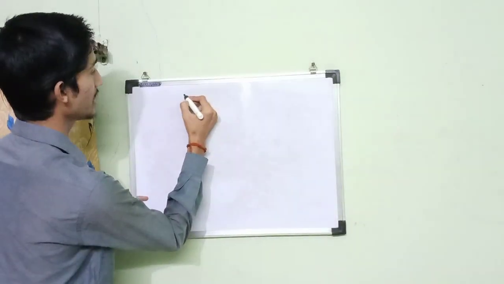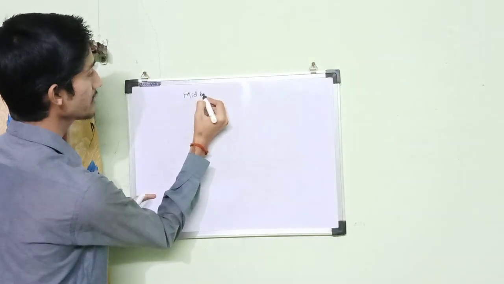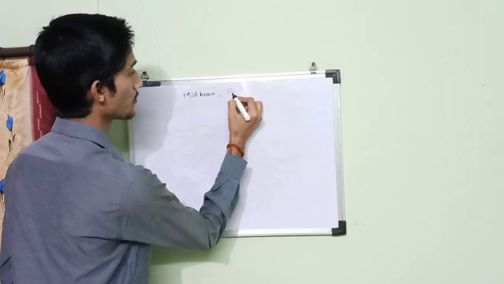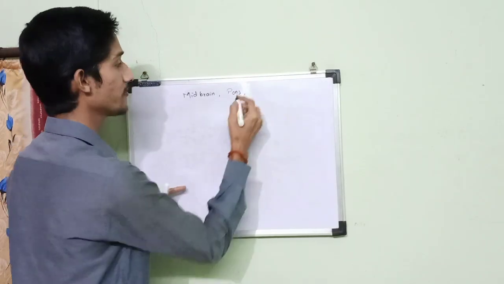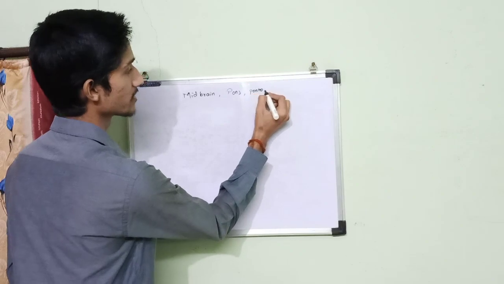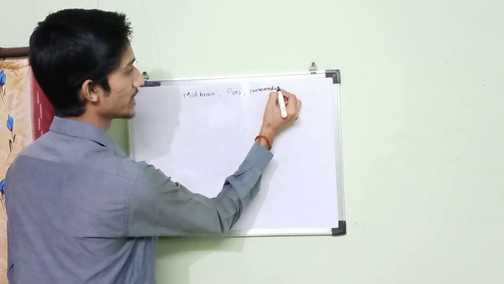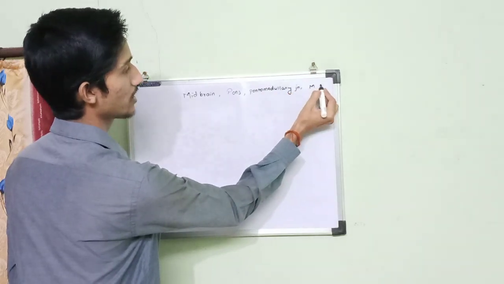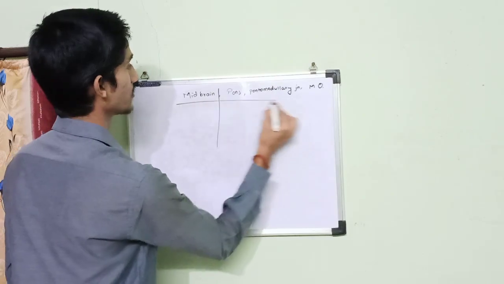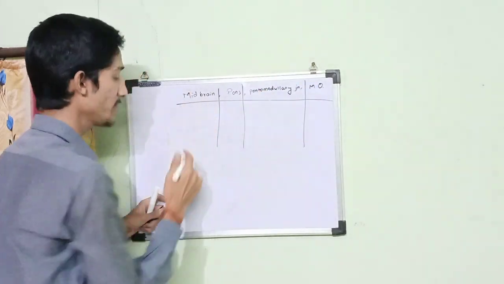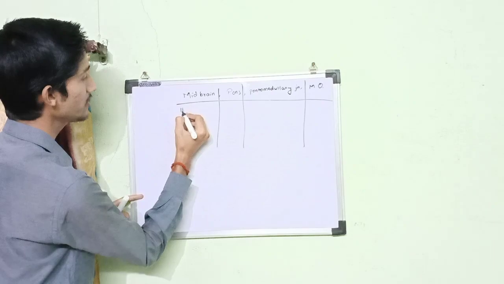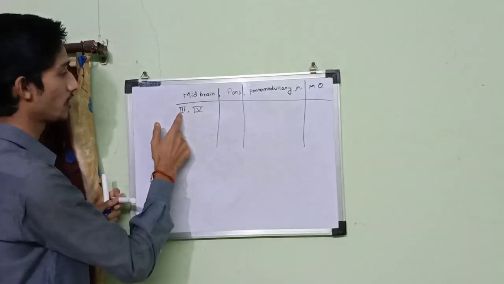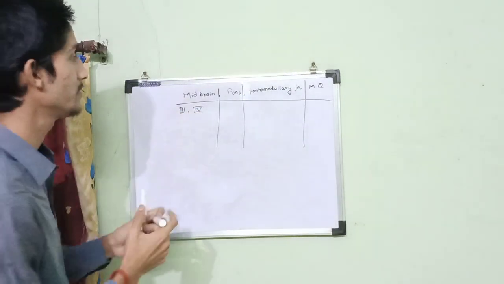In brain stem we have midbrain, then comes our pons, then we have pontomedullary junction, the junction between the pons and the medulla oblongata, and the medulla oblongata. So from the midbrain we have our 3rd and 4th cranial nerve arising. It means the oculomotor and trochlear nerve arise from the midbrain.